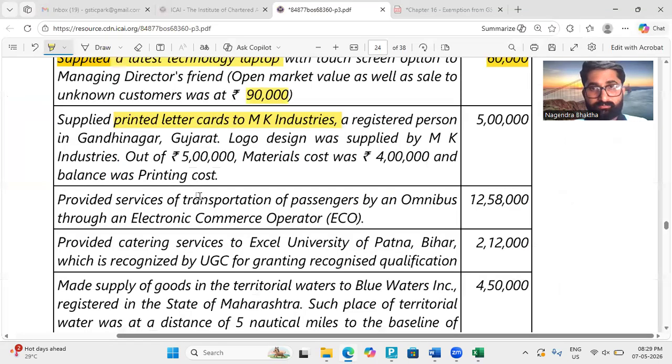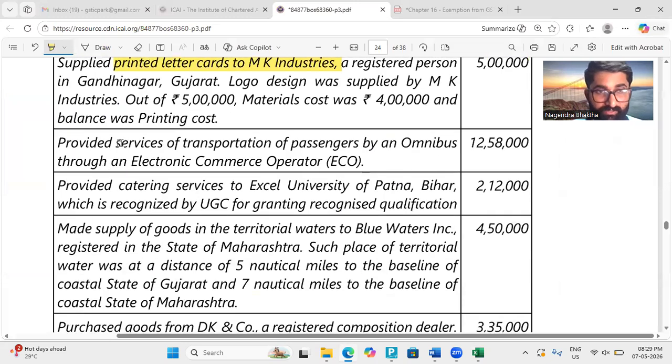Next one. Provided services of transportation of passengers by omnibus. People, remember omnibus, section number 9, subsection 5 under e-commerce. Just recall what we discussed about section 9(5): transportation services, 2 points. Open the chart.